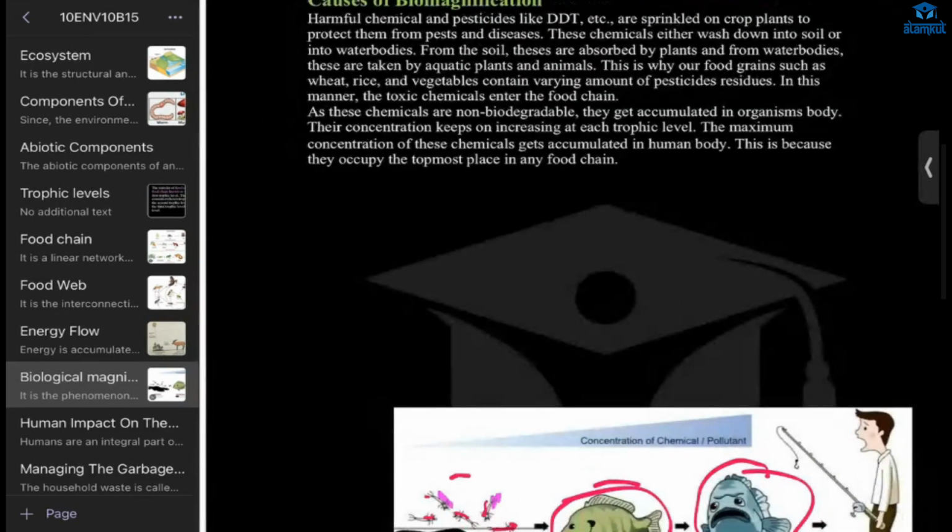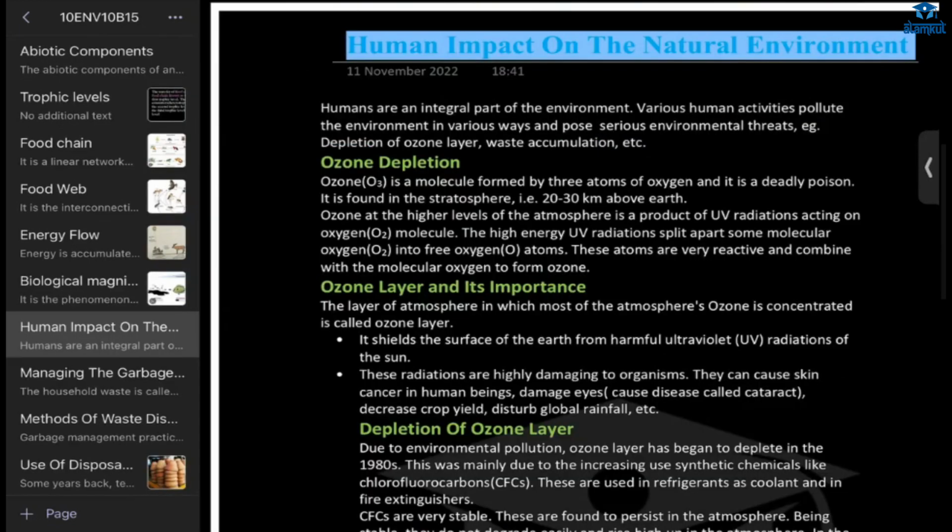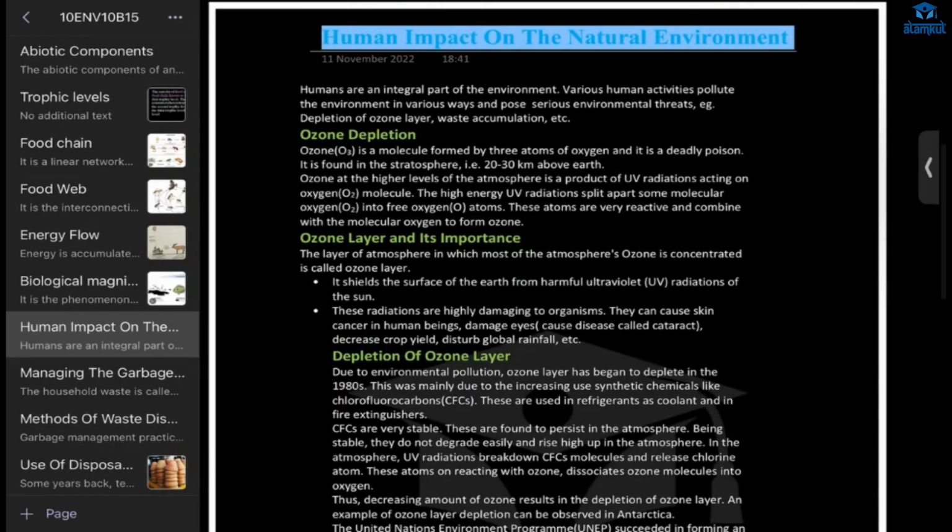Also in the soil, it is absorbed by plants, and from the soil, the plants and the aquatic organisms, we get it because we consume food. The maximum concentration of these chemicals gets accumulated in the human body because humans occupy the topmost place in the food chain.